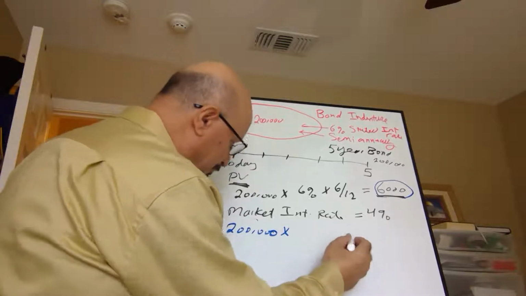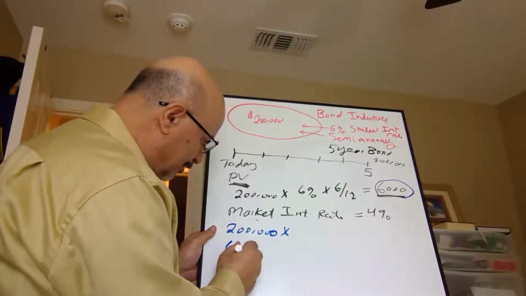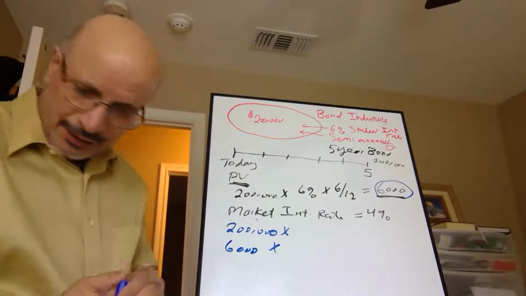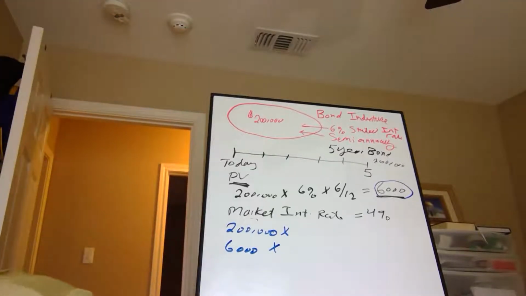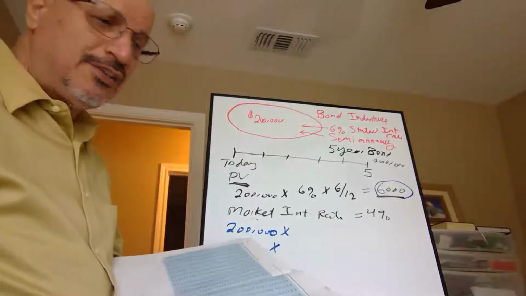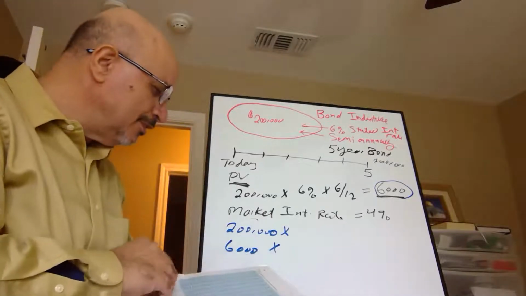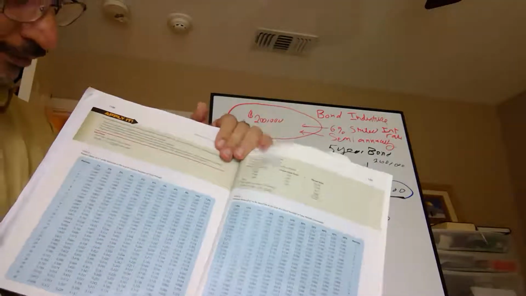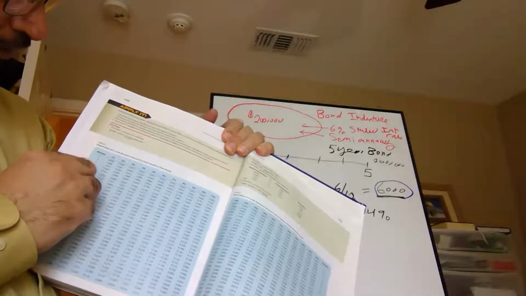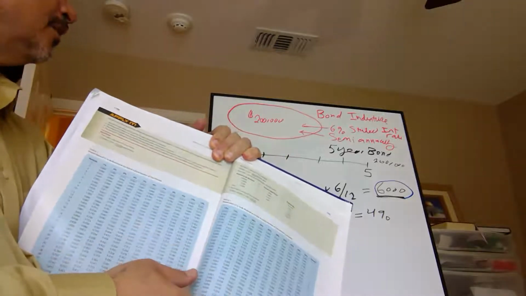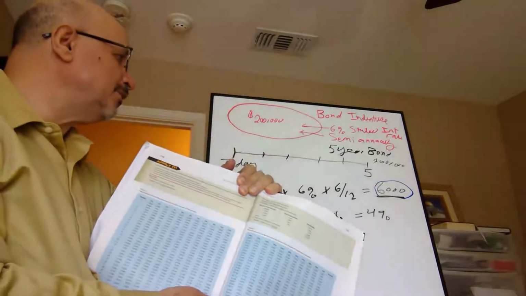For the face value, the $200,000, we use table 1, page 1150. It is a 5-year bond, so we have 10 periods.